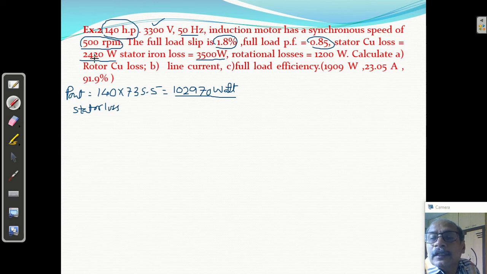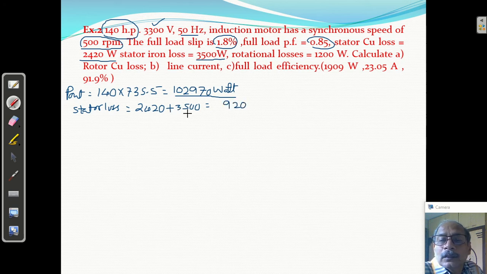This plus this: 2420 plus 3500. So the stator losses are 5920 watts. Okay, rotational losses, that is the mechanical losses, friction and windage loss, are given as 1200.